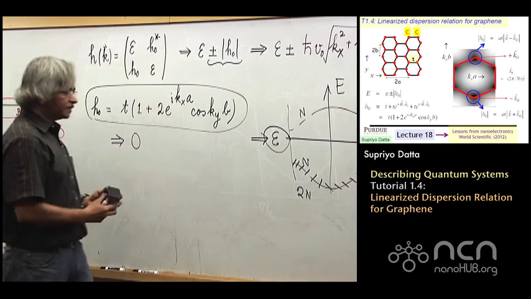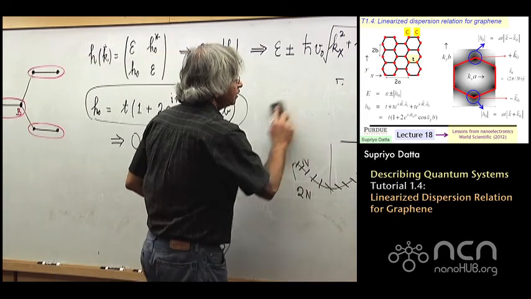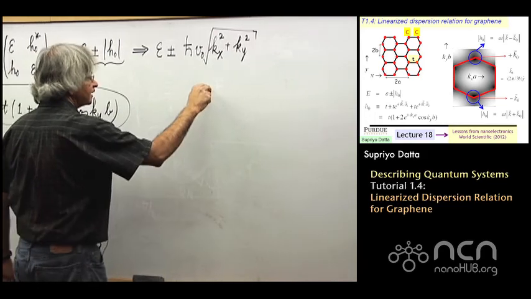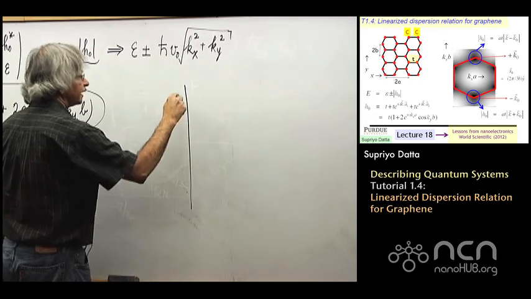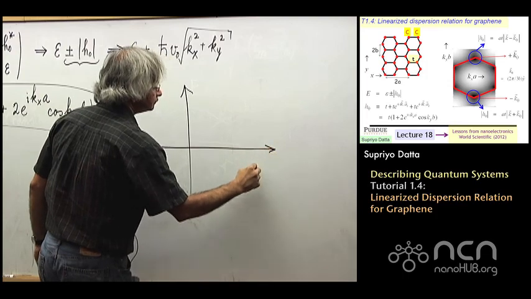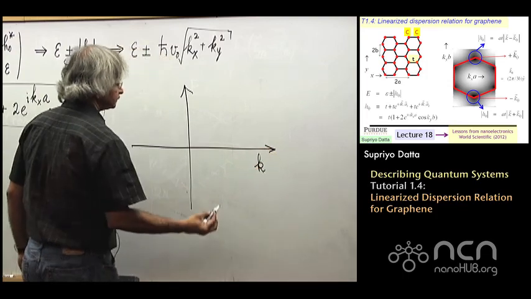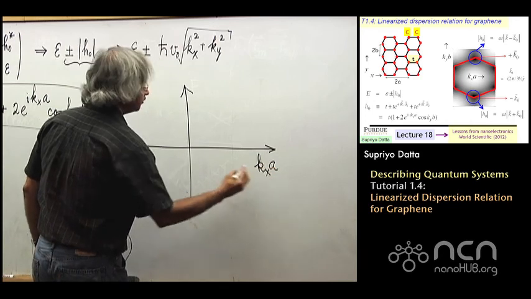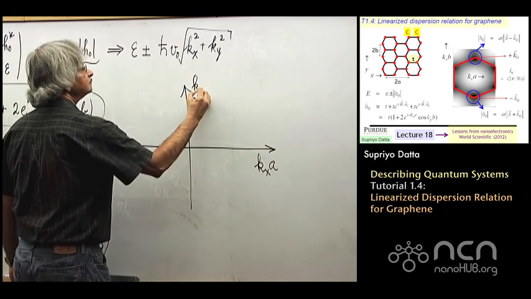So what we could do is draw this thing in a two-dimensional plane. You've got Kx and Ky. So we'll put Kxa and we'll put Kyb.